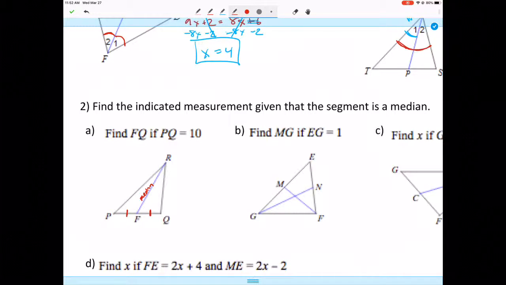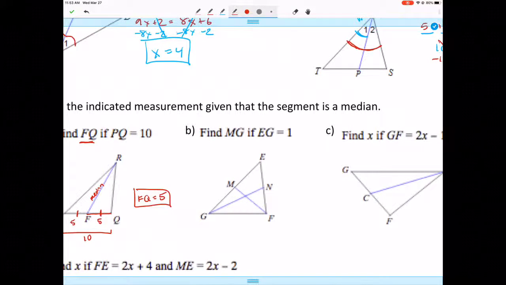All right, it cuts that line PQ right in half. So they want us to find FQ, this part, if PQ, this whole thing, is 10. All right, so we'd know that FQ is half of that. This would have to be 5, and this would have to be 5. So FQ is equal to 5.